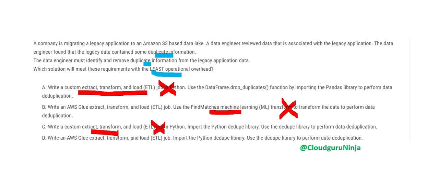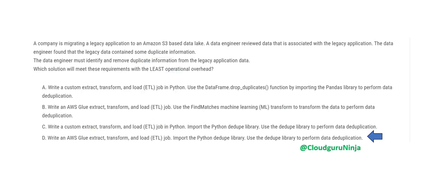Don't use a sword where you just had to use a needle. So let's use a needle here. What is the needle? Option D. I have the Python dedup library. I'll use it to remove the duplicates. Simple, but I will use it inside Glue.